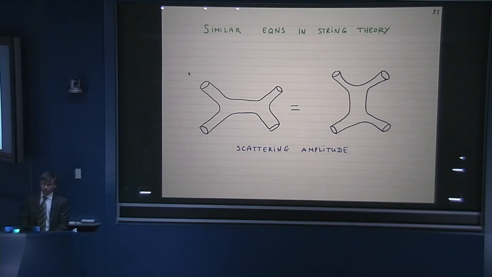And if you take a surface with 4 holes, like here on the left-hand side, and then you deform it so that the joining tube is horizontal or vertical, like here, then since it's the same surface that you're considering, you're modifying the geometry, but it's the same topology. So the equations of string theory guarantee that the result is going to agree. And so string theory scattering amplitudes actually satisfy the same sort of equations that I'm writing down.